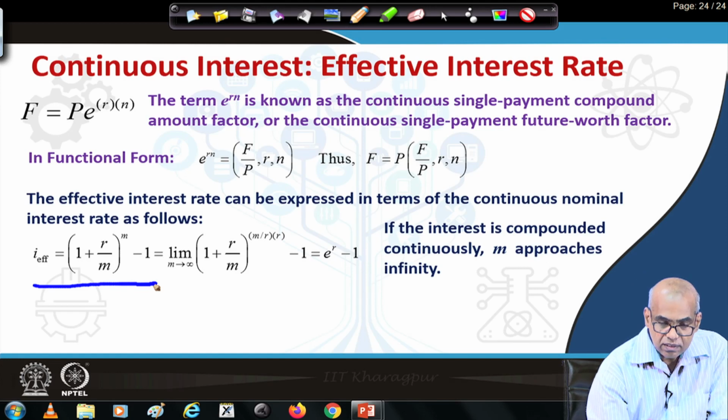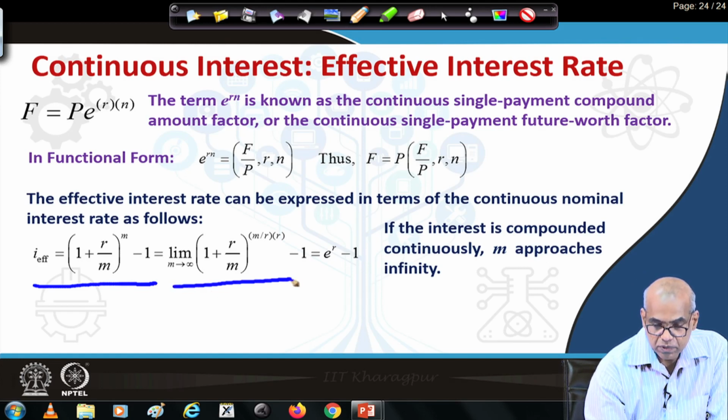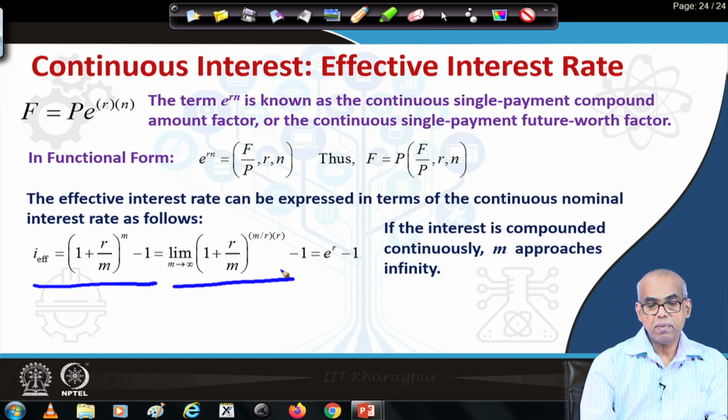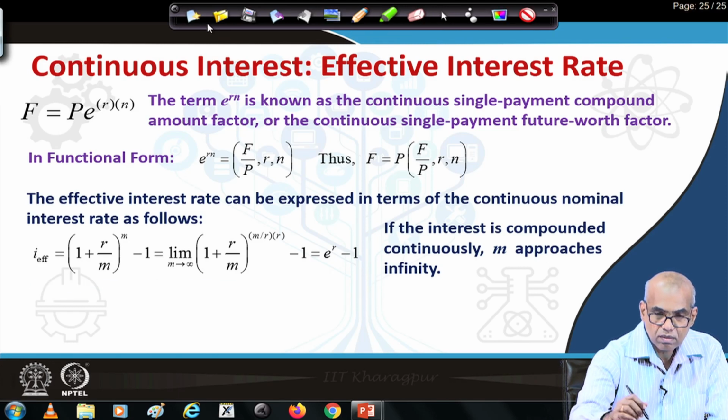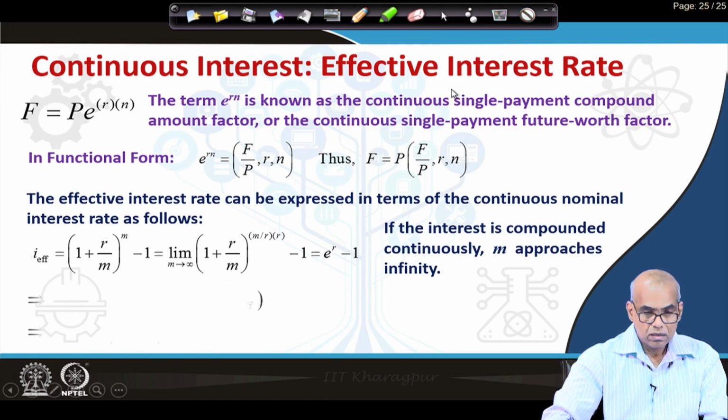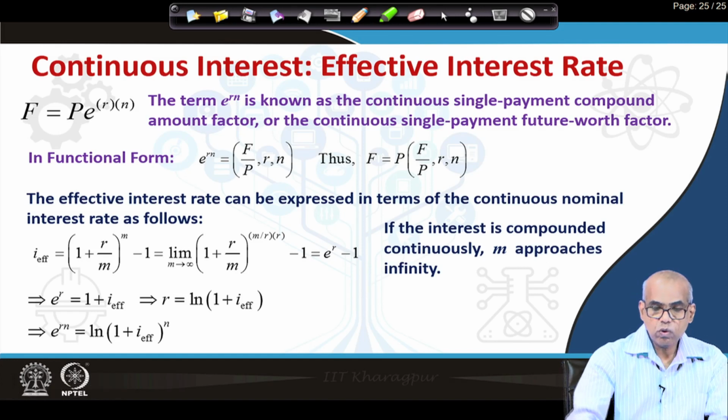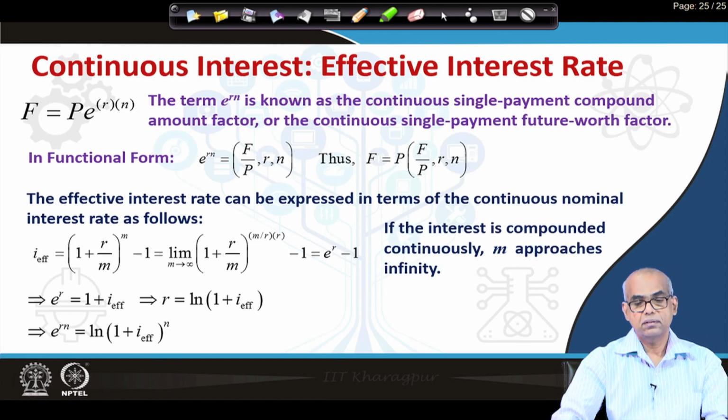So, you rearrange and write it like this: limit m tends to infinity of (1 plus r by m) to the power (m by r) into r, minus 1. Again, you know that limit m tends to infinity of (1 plus r by m) to the power m by r is e. So, i effective becomes e to the power r minus 1.